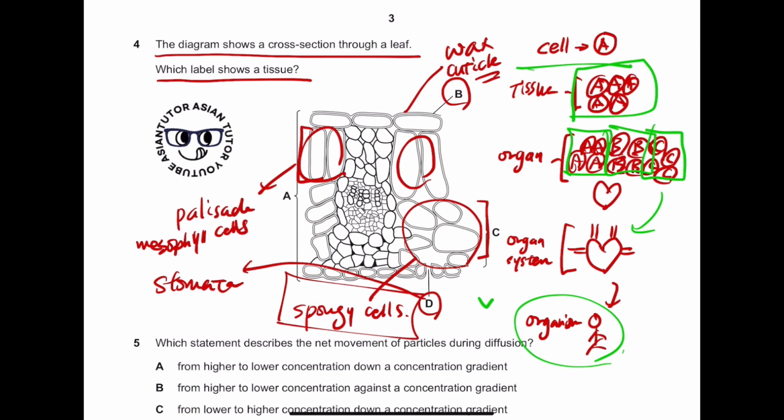Doesn't really matter, because its role is to prevent evaporation. However, it's only a coating, so it's not a cell. So you can't just call it a tissue. I'd say you can safely say it's a chemical substance. Anyways, so the answer should be C for this question.